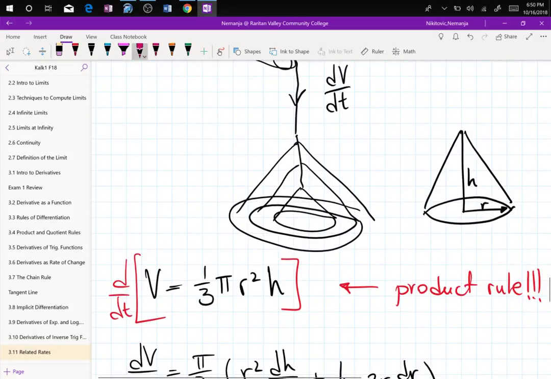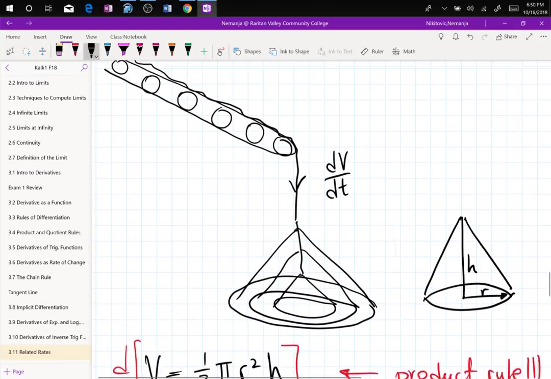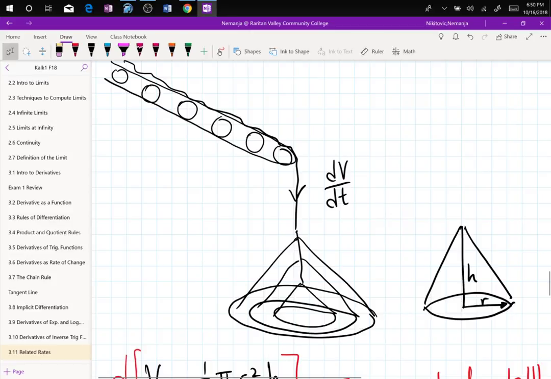That's all we care about. How much stuff do I have on this pile here? Which is volume. But I also want to know how fast that is changing, because maybe we need to design a system that will shut off the conveyor belt and prevent it from bringing in additional corn or whatever we are dumping on the pile.